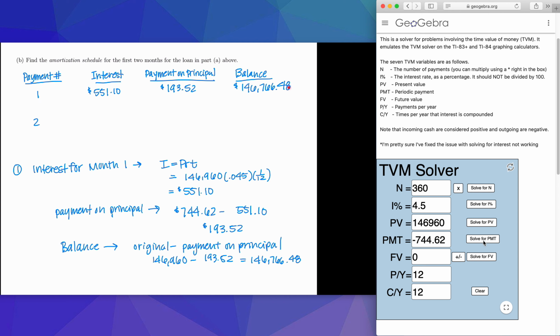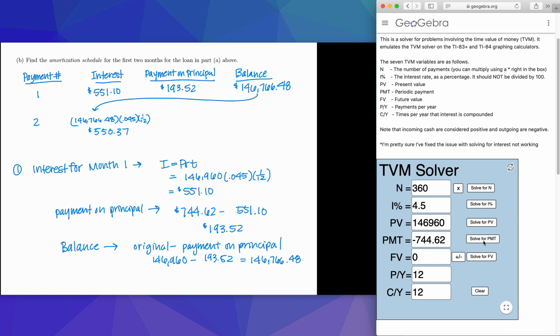So we take this $146,766.48 times the rate times the time. And we end up with $550.37. And notice it's slightly less than last time. Our balance is slightly lower, so our interest that we pay is slightly less.